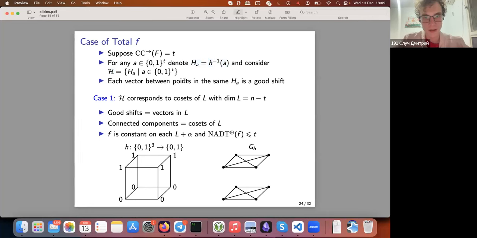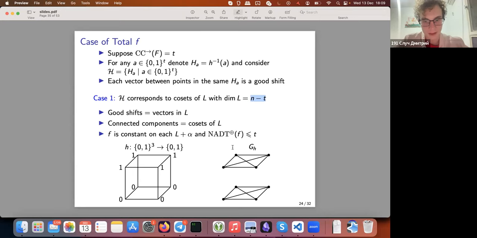The first case is when H corresponds to cosets of L with the dimension we need. In that case, function h is defined like this. The partition is into 2 classes, and good shifts are all these edges.